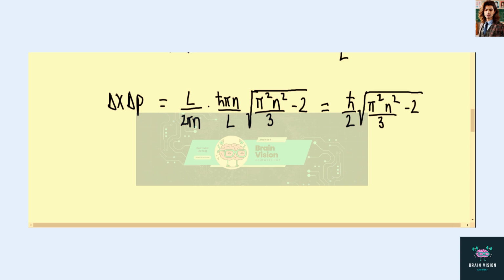So we see that for values of n greater than 0, for non-zero values of n, we get a result that's reasonable. If you substitute n equal to 1, or 2, or 3, or 4, or keep going, you'll get values that satisfy the inequality for the uncertainty principle. If you substitute a value for n that's equal to 0, however, that's where you're going to see that there's the problem.